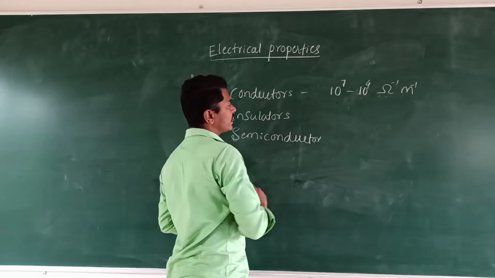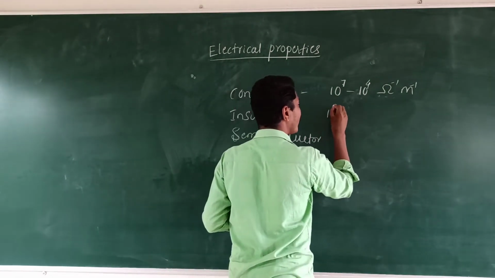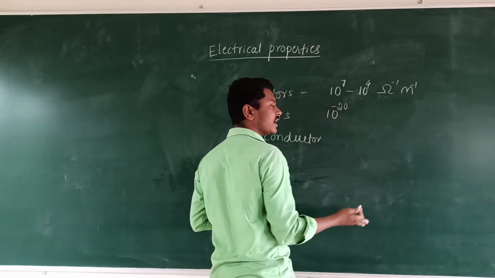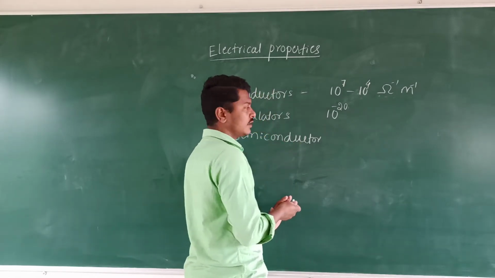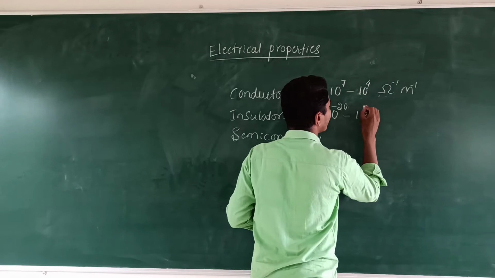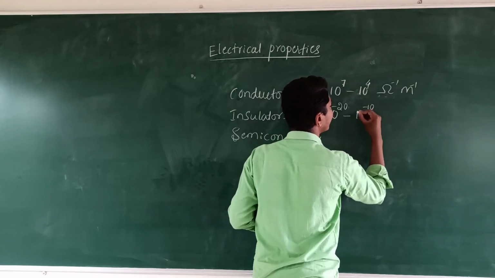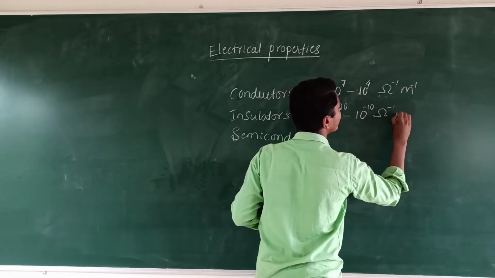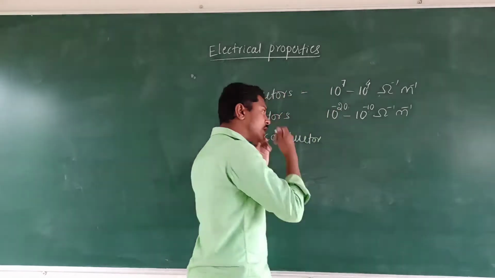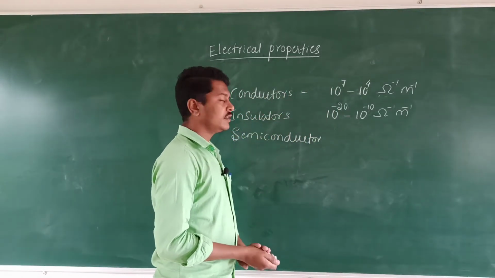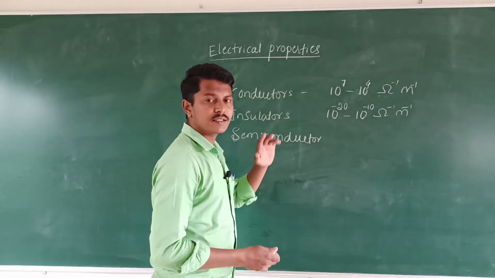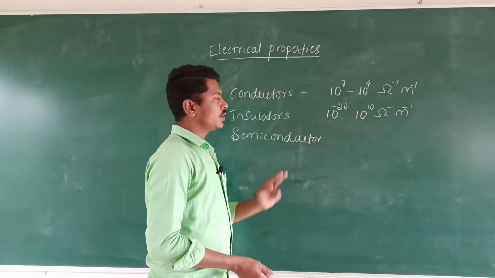Next, insulator conductivity is 10 to the power minus 20 to minus 10 per ohm per meter, meaning it does not conduct electricity, and it is not allowed to pass electric charge through it.